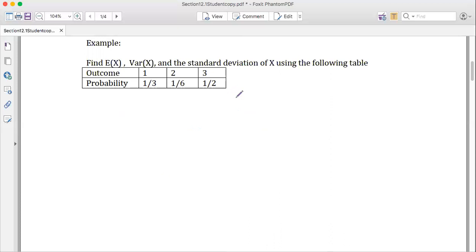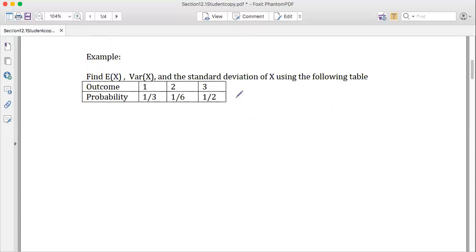Something that we can do to check to make sure that our probability table is correct is by adding up all of the probabilities. So if I add these together, 1/3 plus 1/6 plus 1/2, first of all, we notice we need a common denominator. I'd multiply 1/3 by 2/2, that gives me 2/6, plus 1/6, plus we would multiply 1/2 by 3/3, gives me 3/6.